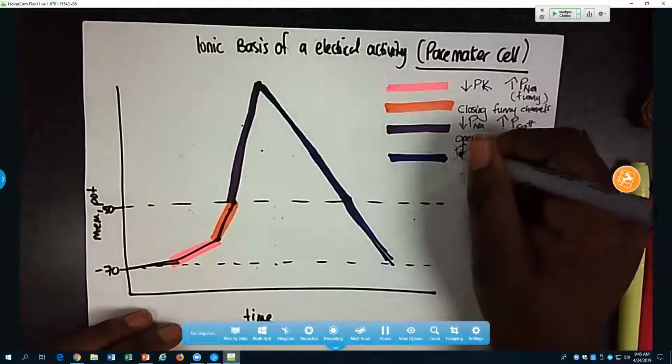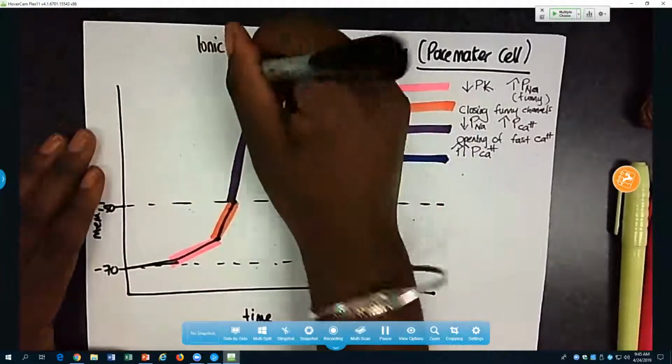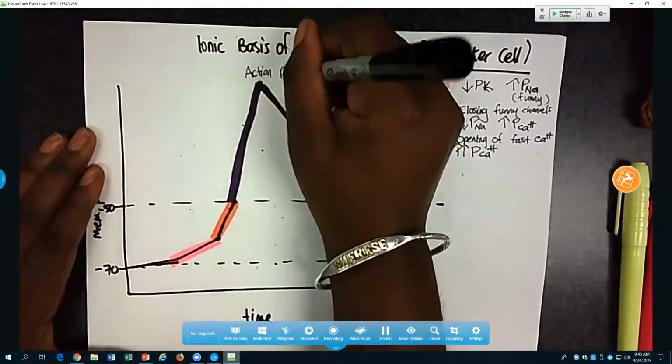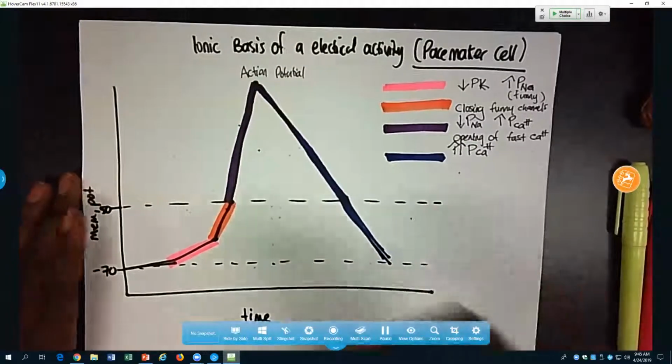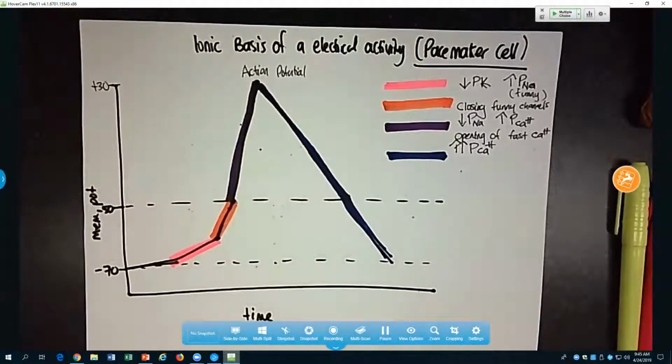This is going to rapidly increase, and that is going to rapidly depolarize the cell. And this is where we fire an action potential. So action potential here. This is about +30 here, which is very positive. So the membrane potential rapidly approaches a very positive value.